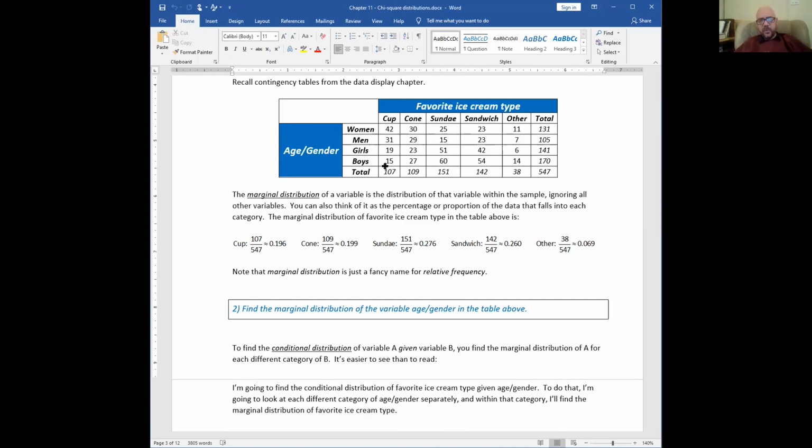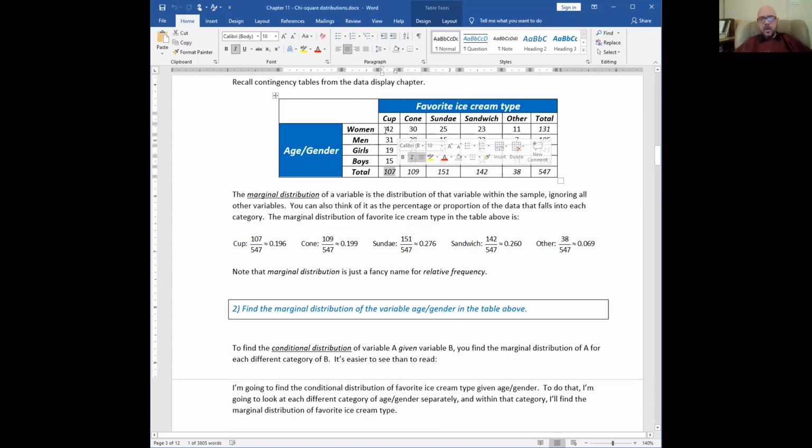What it means is, if we know the totals, like if I know there's 107 people in this first category, the category cup, and I know 3 of the values, then I can find the fourth one is fixed. So once I have these 3, this one can no longer vary.